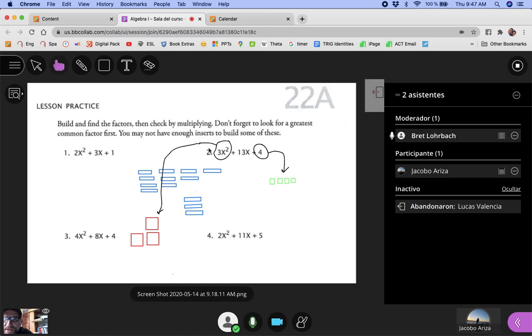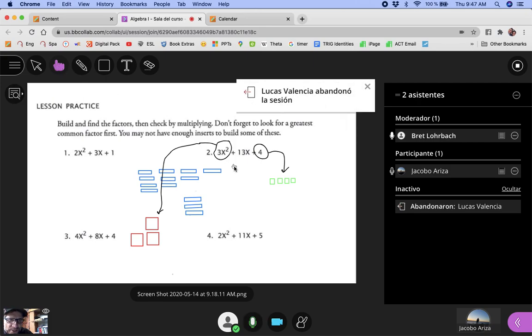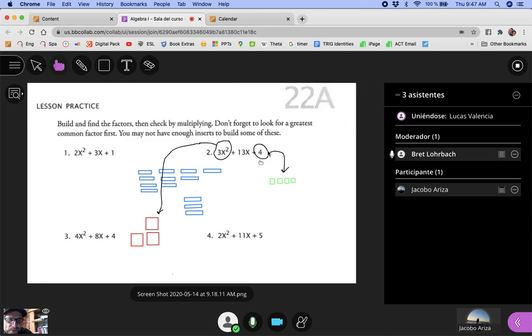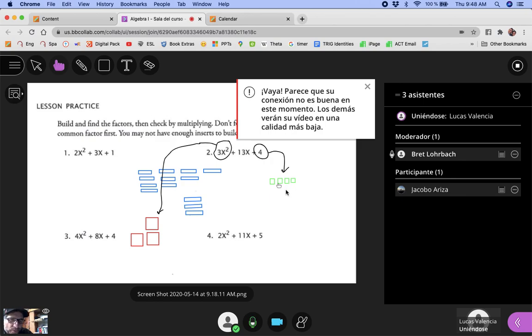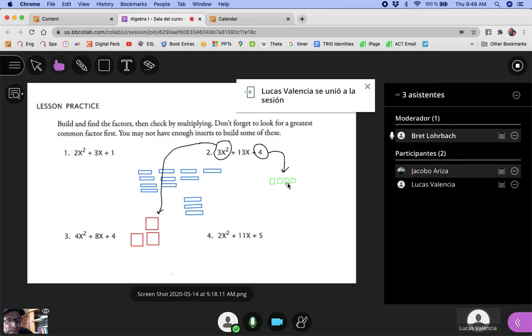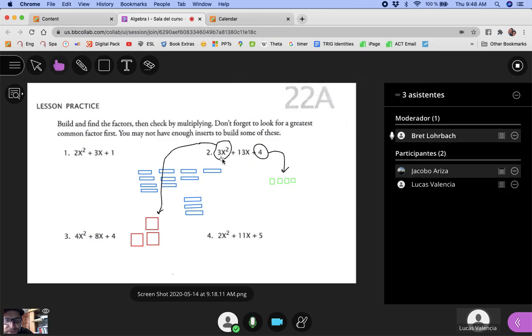Jacob, what I was saying when you were having the disconnection problem is that in lesson 21, we realized that we start with the 4 and we have to arrange it to form a rectangle. Those are called factors. We can do 1 row of 4 or 2 rows of 2. Lesson 22 is teaching us we have to do the same thing with the first term.